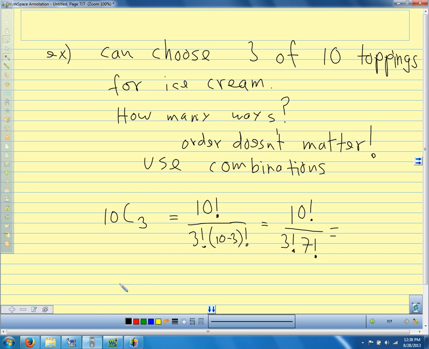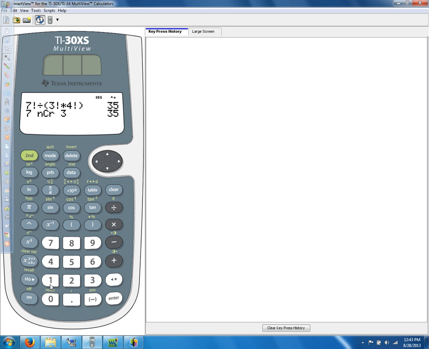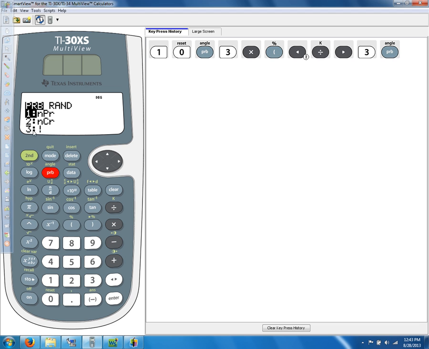I'll plug this in my calculator. 10 factorial divided by, and I'm using a shortcut here, 3 factorial times 7 factorial. I can just press this number 3 to get to the factorial.